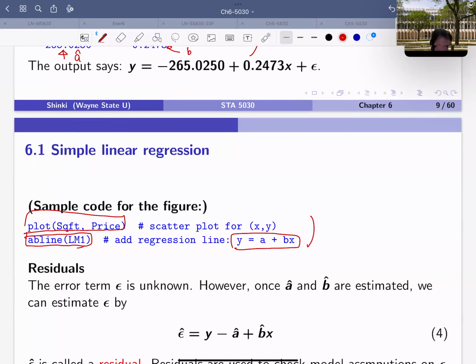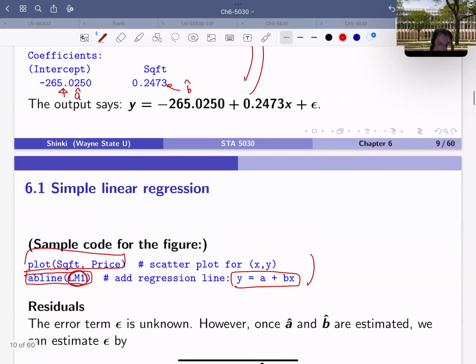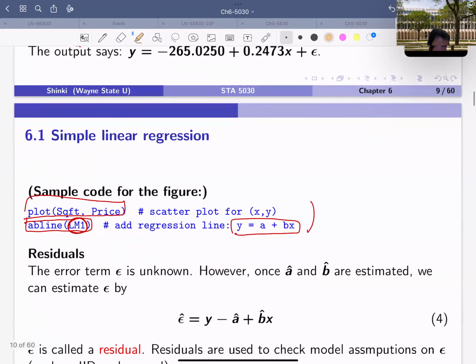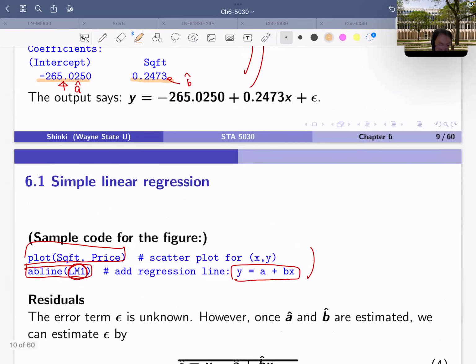But once you put in this linear regression result, it automatically extracts a and b. So you can also put abline negative 265.025 and 0.2473, then we can get the same result.